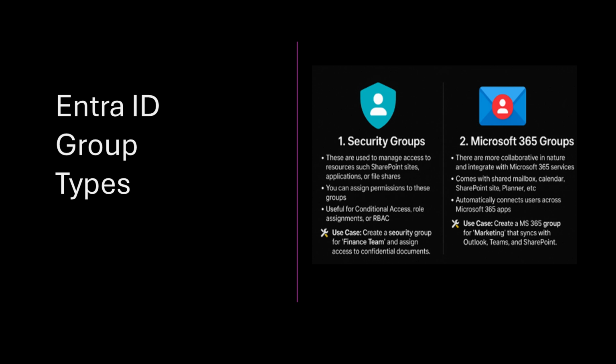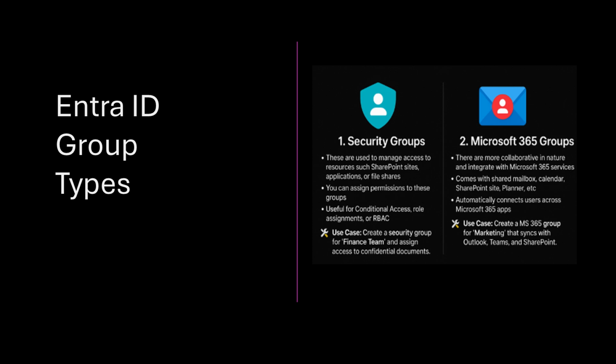You will use security groups when your goal is to manage access to apps, resources, and files without the need for collaboration tools. These groups are ideal for controlling access to SharePoint sites, enterprise applications, or file shares.